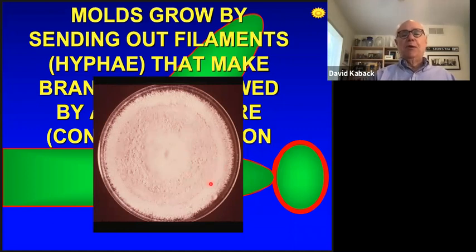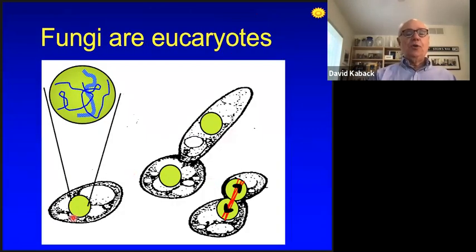Now, probably the most important thing I'll ask you, and I certainly ask a question like this on virtually every exam, is that fungi are eukaryotes, which means that they have a nucleus, and that nucleus is filled with linear chromosomes, mostly. That nucleus is capable of dividing via mitosis.